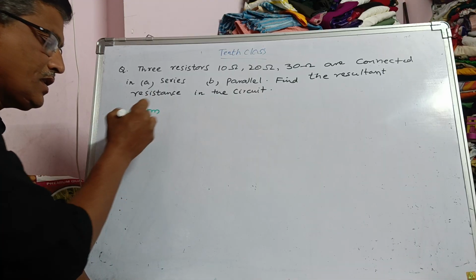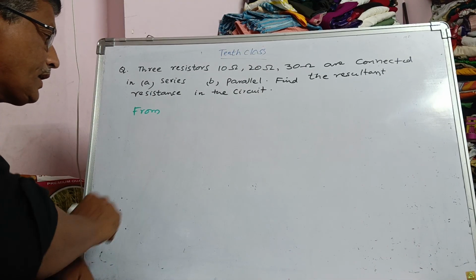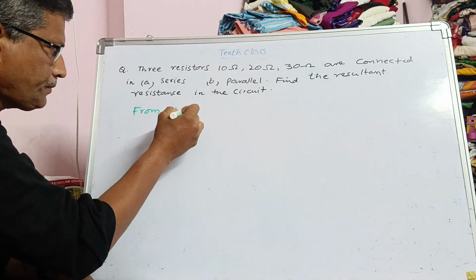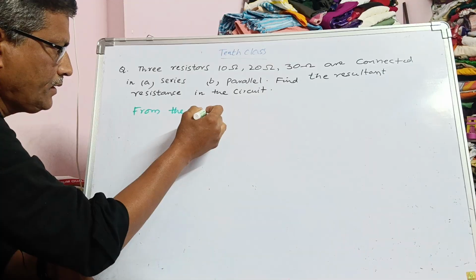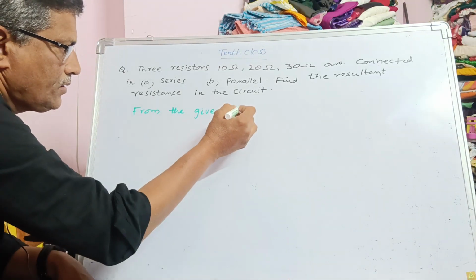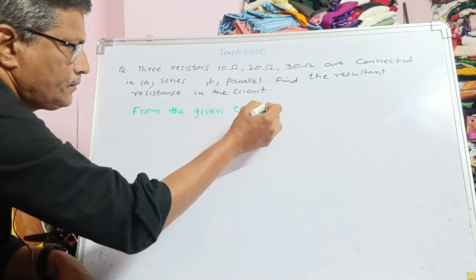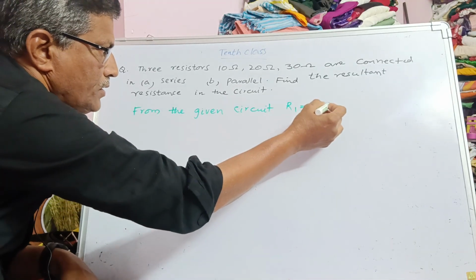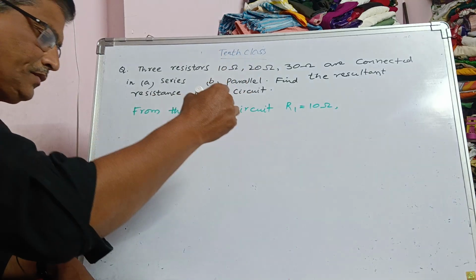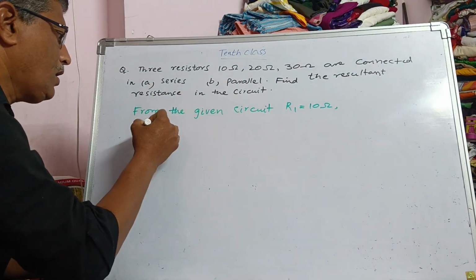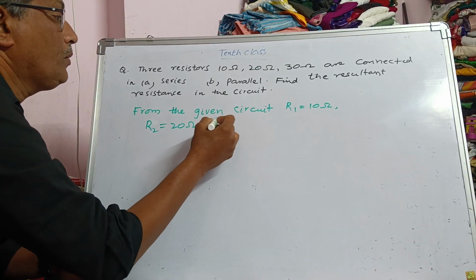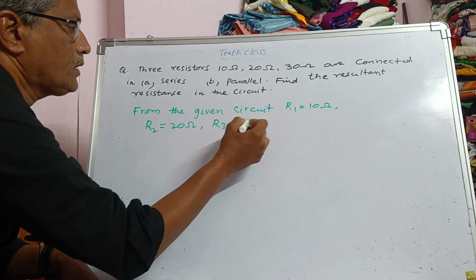This is the physics electric current lesson. From the given circuit, R1 is equal to 10 ohms, R2 is equal to 20 ohms, R3 is equal to 30 ohms.